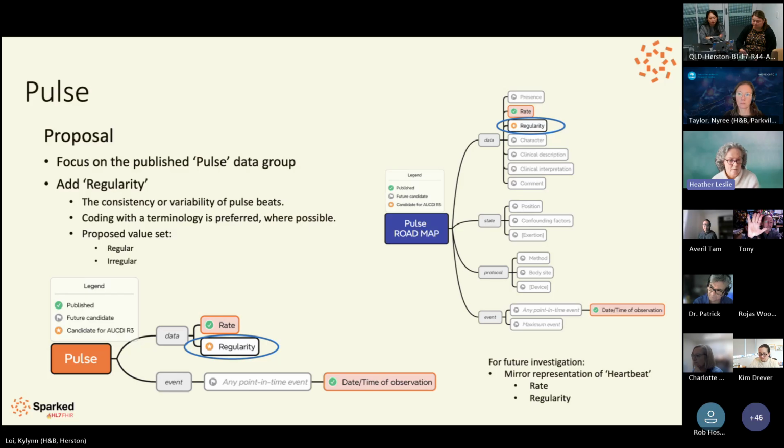I think at the moment we've kept it simple, and maybe we can agree with that as a starting point. And if there is a strong feeling, certainly investigate further how best to identify variations in irregularity. That's certainly something that could be added to this, and it can be displayed in a single value set on a user interface without any problems, even if we have separate data elements, but we can certainly explore that further.